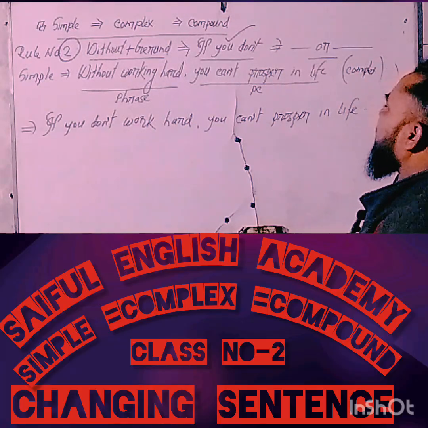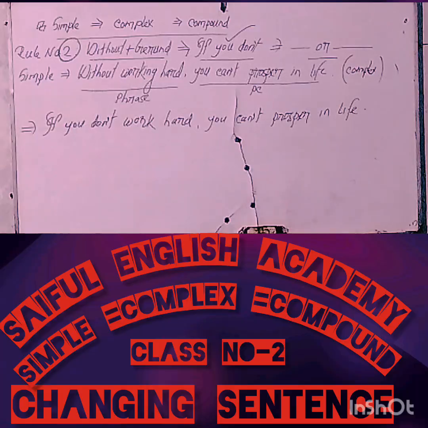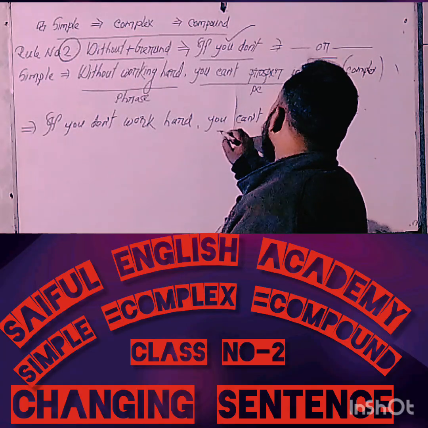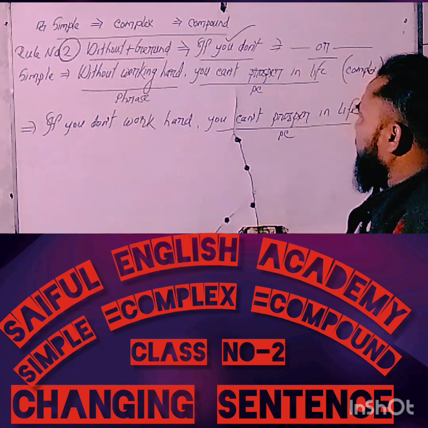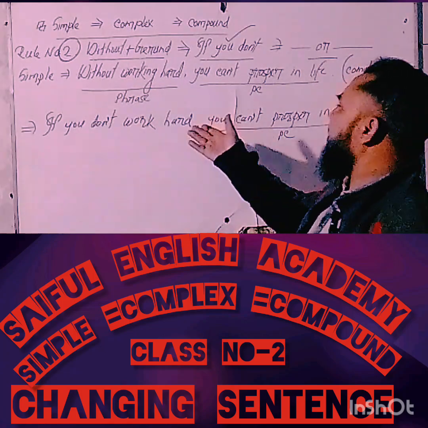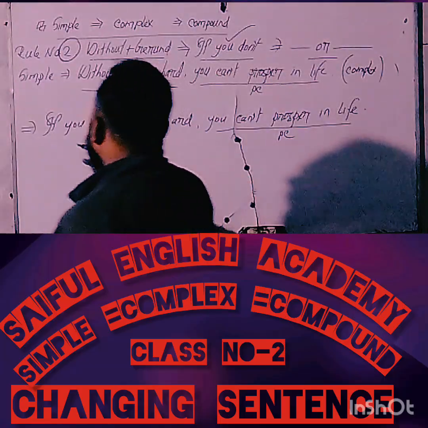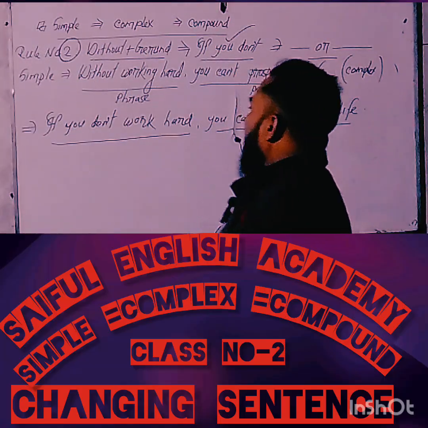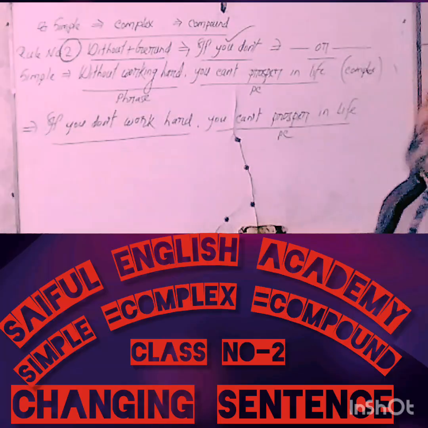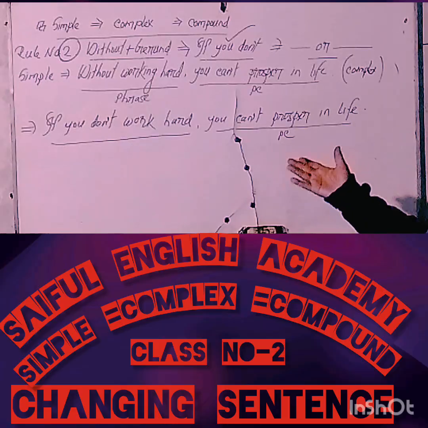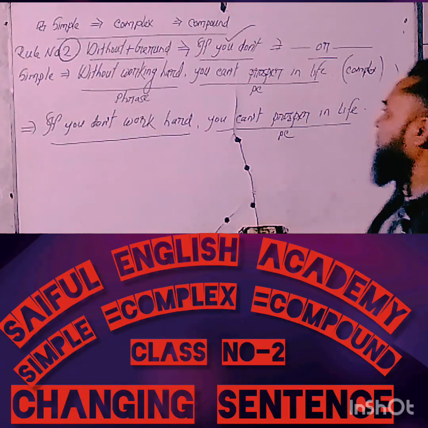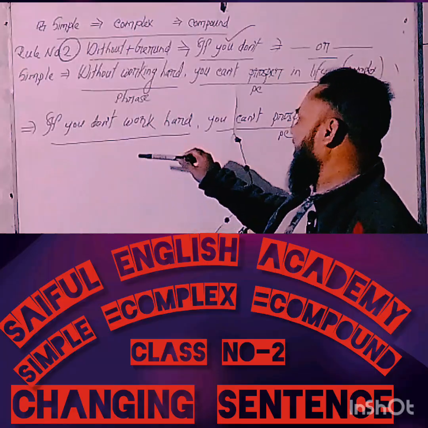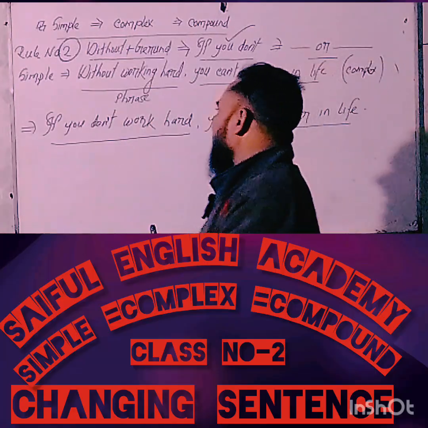You'll have to mind that at the time of changing any category of simple sentence, there is no change in the sense of the principal clause. You'll have to change only the phrase into a subordinate clause, because a complex sentence is a type of sentence that has a principal clause and a subordinate clause.